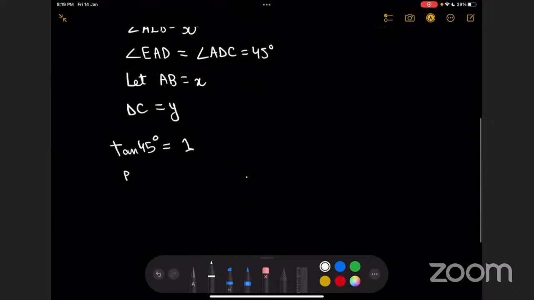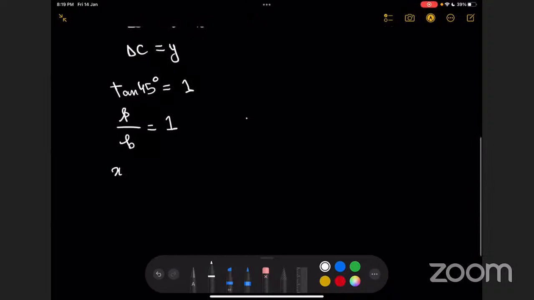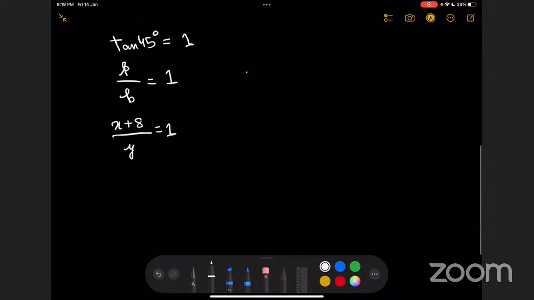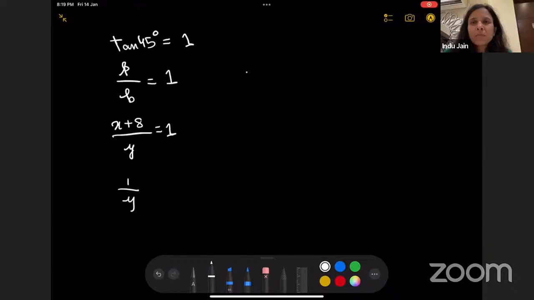So P by B equals 1. The perpendicular is 8 plus X upon Y, which equals 1. Therefore, Y equals X plus 8.